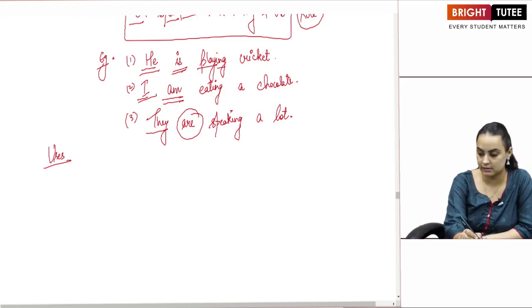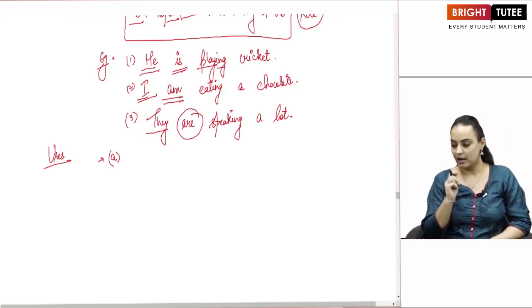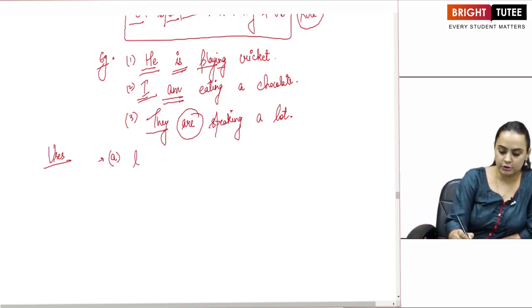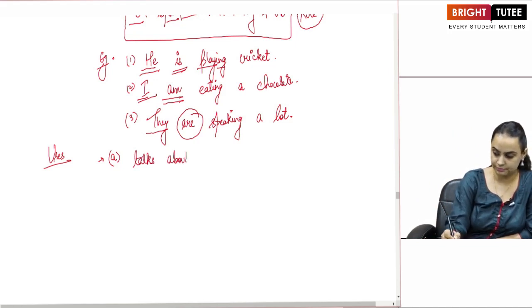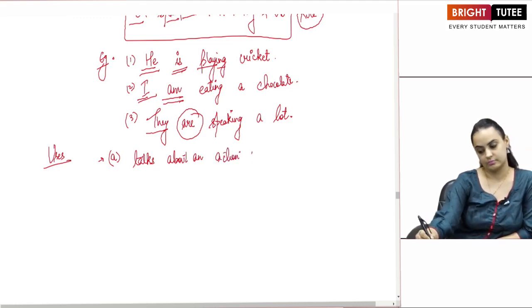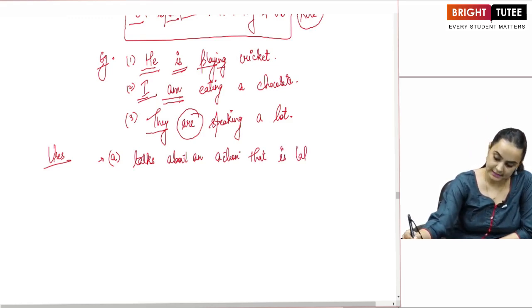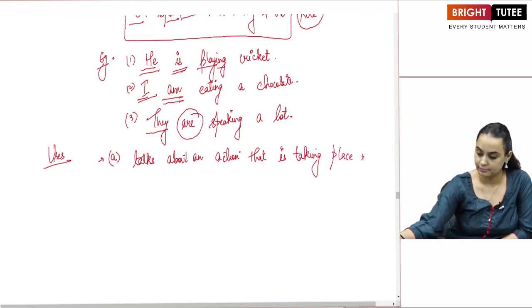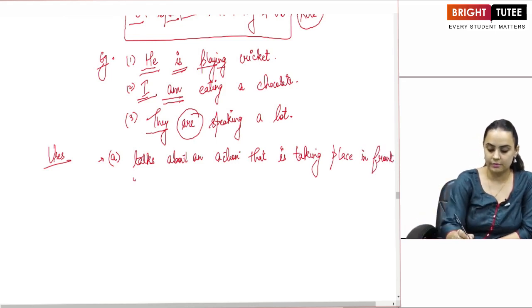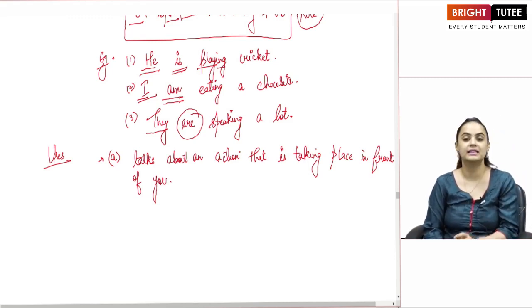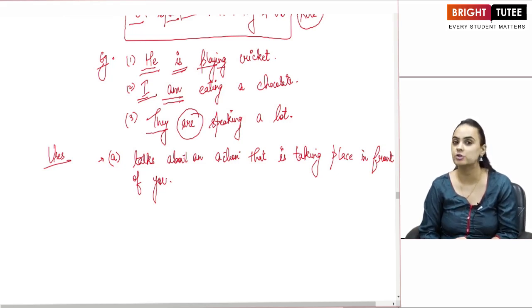The first one is, the most important, rather the only thing that we need to keep in mind for the present continuous tense is it talks about an action that is taking place in front of something that you can see around you, something that is taking place right now around you is what is to be written in the present continuous tense.